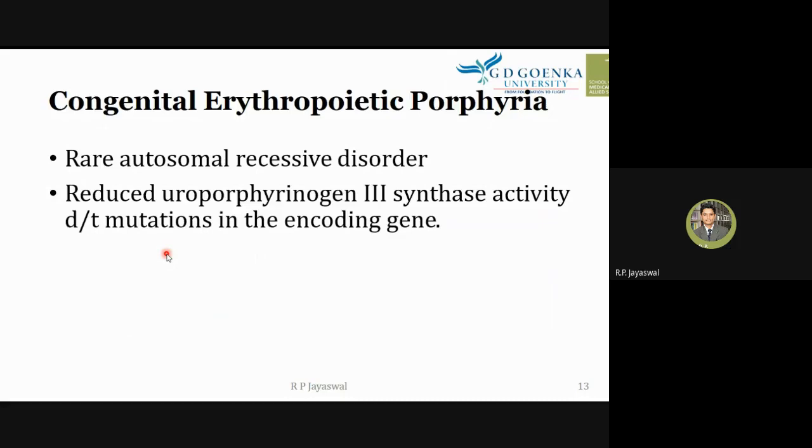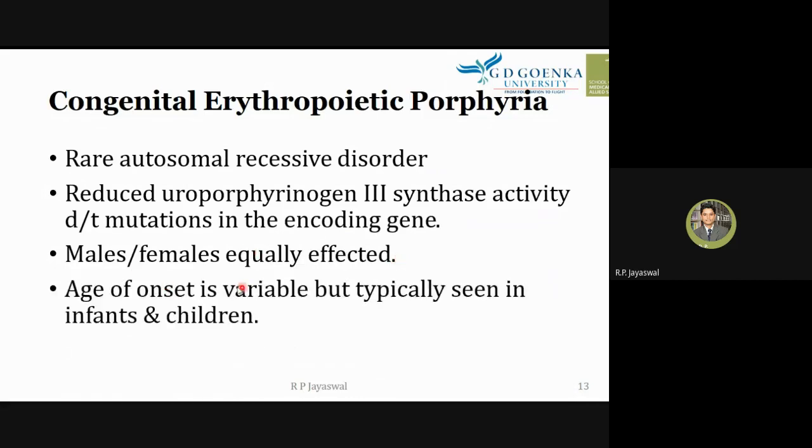So when the activity of this enzyme, uroporphyrinogen III synthase, is decreased due to mutation in the enzyme's gene, then congenital erythropoietic porphyria takes place. Males and females are equally affected.